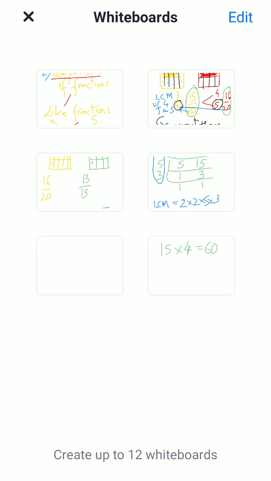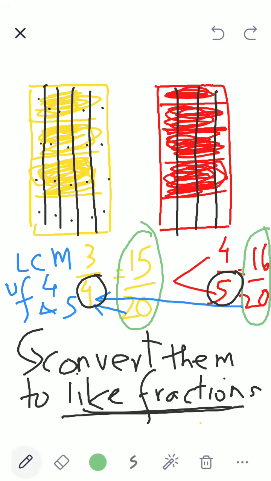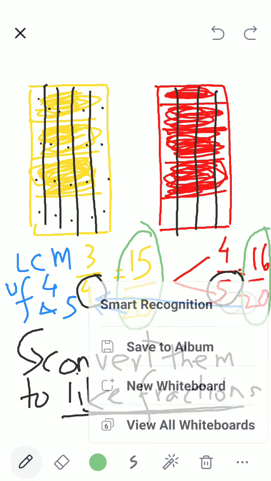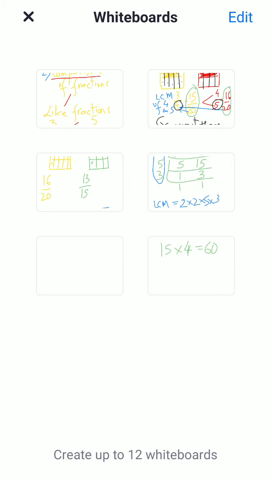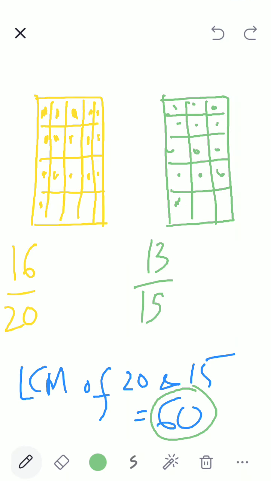So I had 16 by 20. If I convert this to 40, multiplied by 2, multiplied by 2, and this will get multiplied by 2, it will become 30.